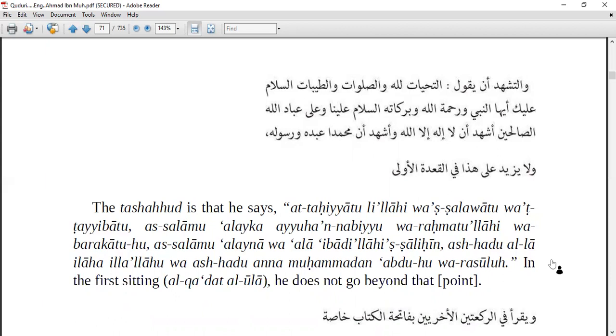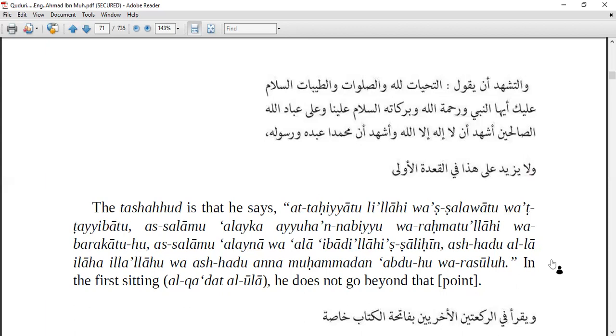And remember, the last 2 units will be the same as the first 2 units in everything except for the 3 exceptions in the second unit, and for the fact that in the last 2 rak'ah, you recite only Surah Al-Fatiha. You don't recite any other surah.